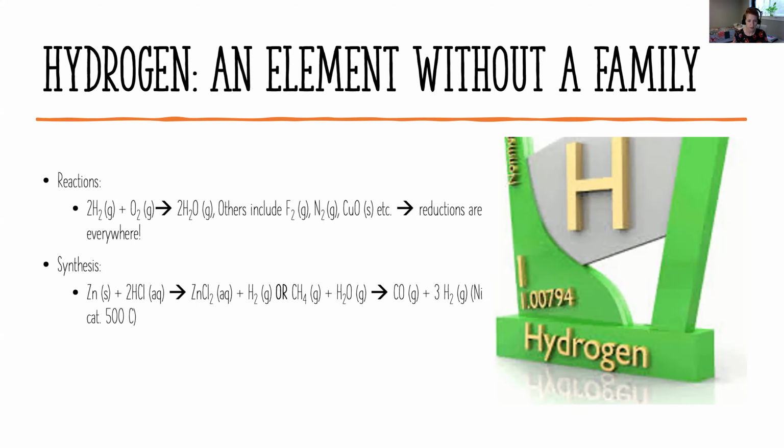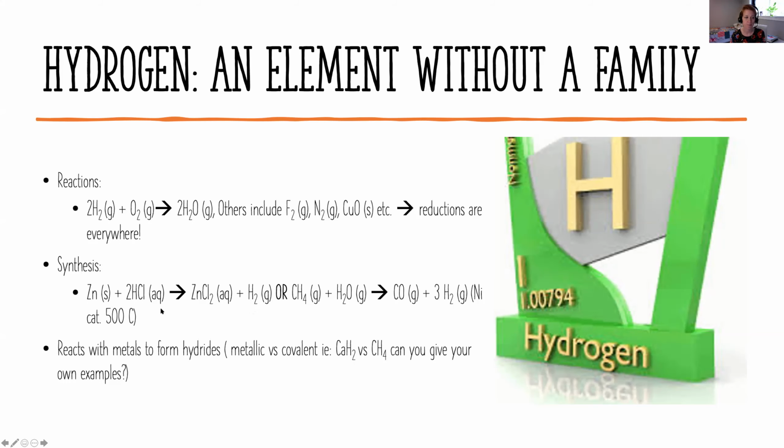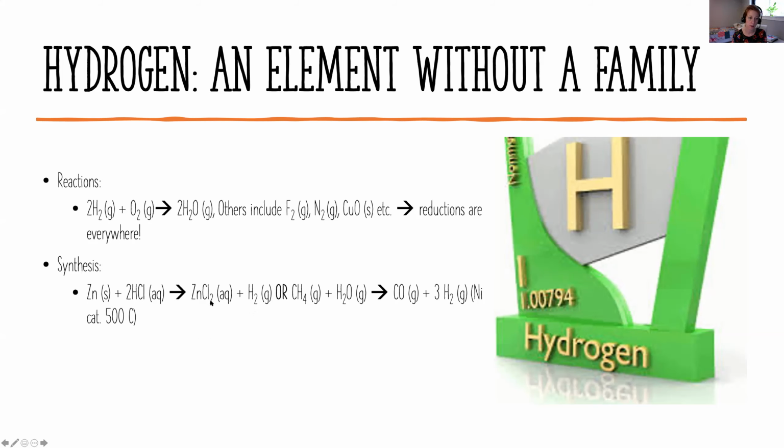So the synthesis of hydrogen is pretty important. You can either take zinc and react it with hydrochloric acid to make the zinc chloride and release hydrogen. And this could be fine, except that we don't want to take all of our zinc and make it into zinc chloride. So the other way that it's done is we take methane gas or natural gas and water, and we do a steam reforming process.